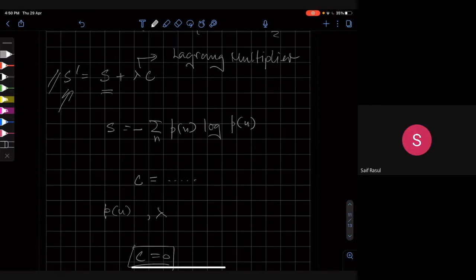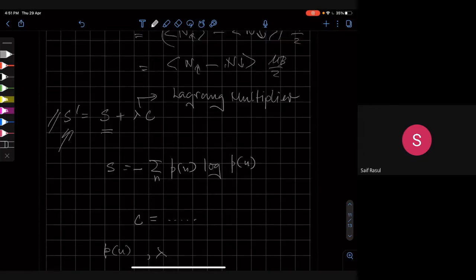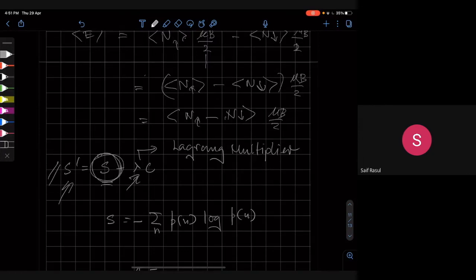How come we multiplied the constraint by k_B at the top? Oh yeah, that's just for dimensional reasons. Because this has dimensions of k_B, right?